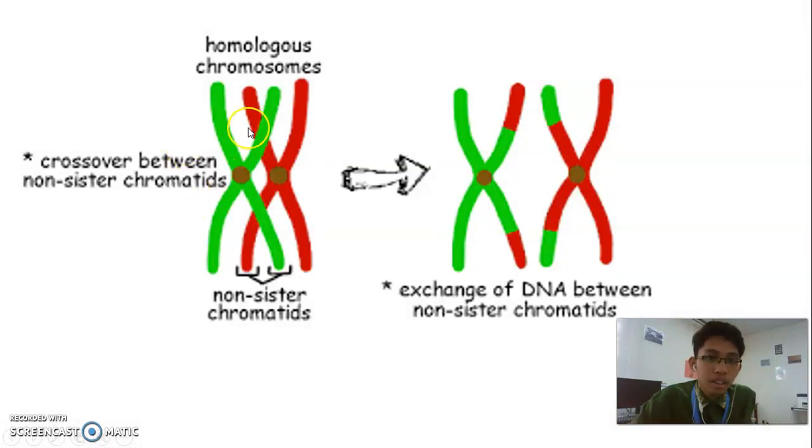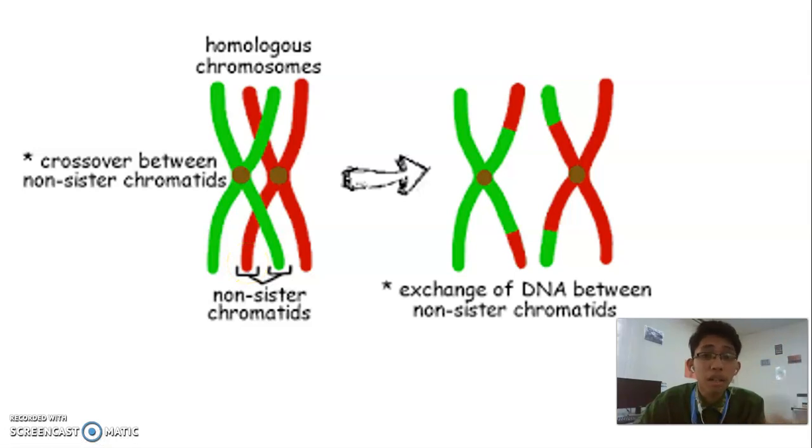Okay, here, 2 homologous chromosomes. Crossing over between non-sister chromatids, maksudnya bukan dari kromosom yang sama lah. Kamu tengok ni kan, ni color hijau, ni color merah. So kita panggil non-sister chromatid, maksudnya bukan daripada homologous chromosome yang sama.